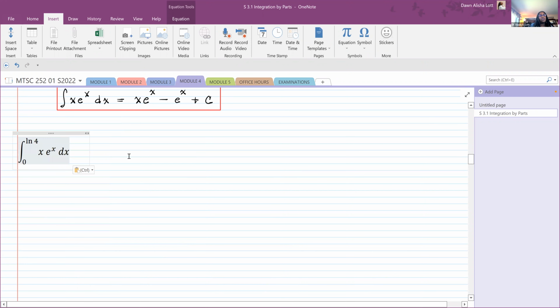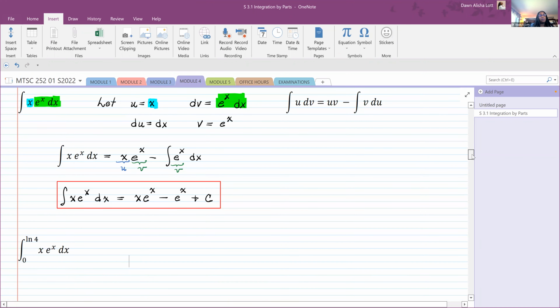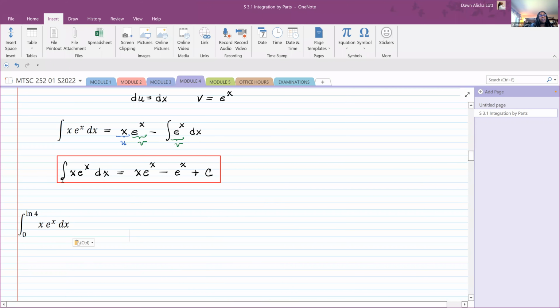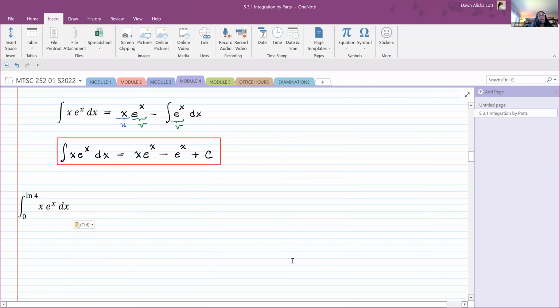Okay, so in order to do this definite integral, I will take exactly what I got from my integration by parts and evaluate it. So notice I got the integral of x e to the x dx equals this. So now I'm going to use the fundamental theorem of calculus.